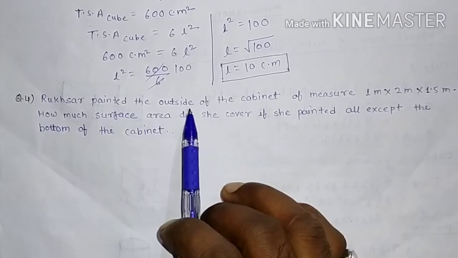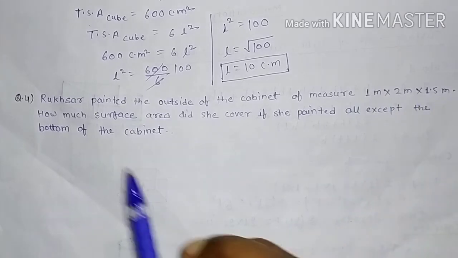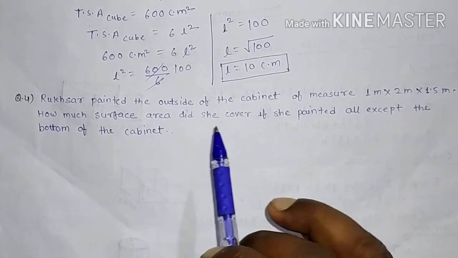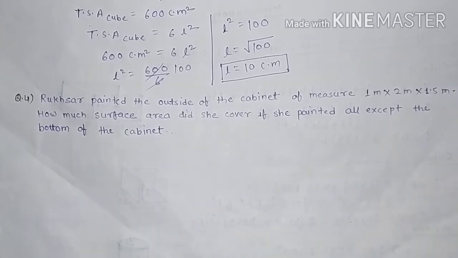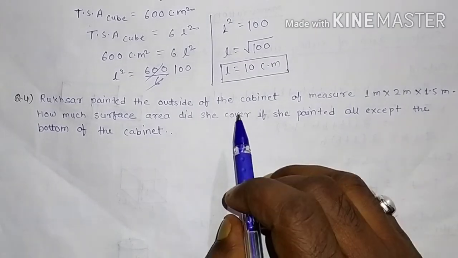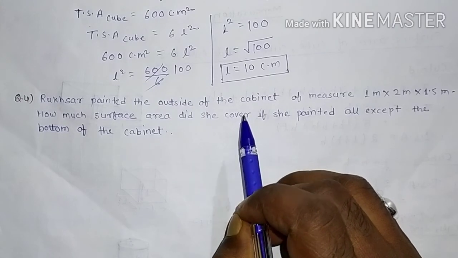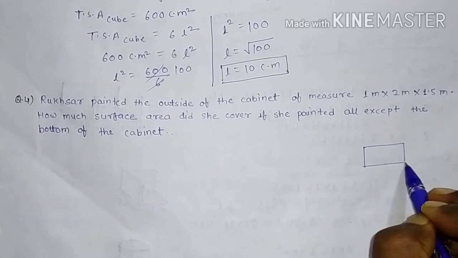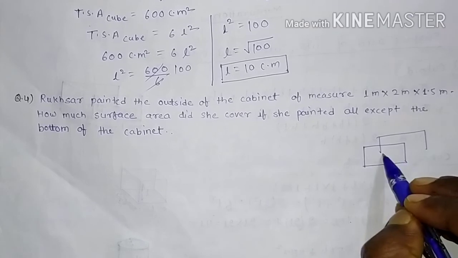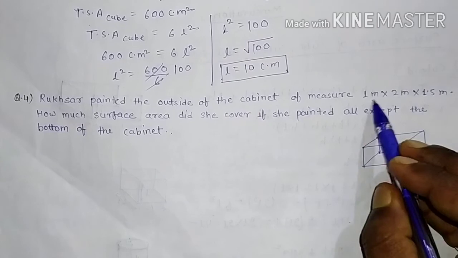Rukshar painted the outside of the cabinet of measures 1 meter, 2 meter into 1.5 meter. How much surface area did she cover if she painted all except the bottom of the cabinet? So simply, cabinet means it's a cuboidal shape of a box. Let's suppose this is a cabinet. This is in the shape of cuboid, where length, breadth and height are given.